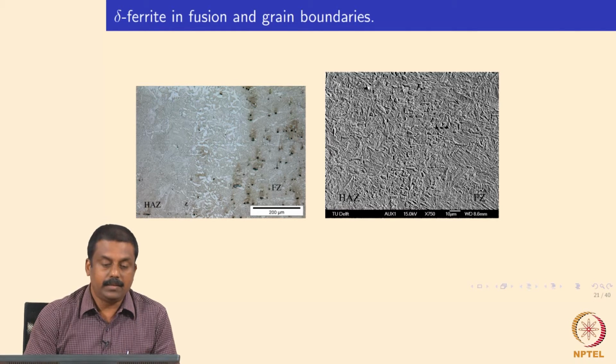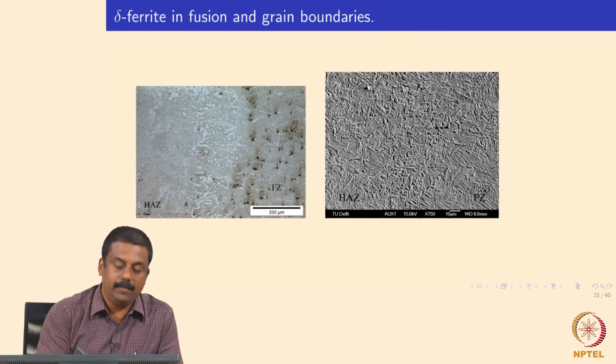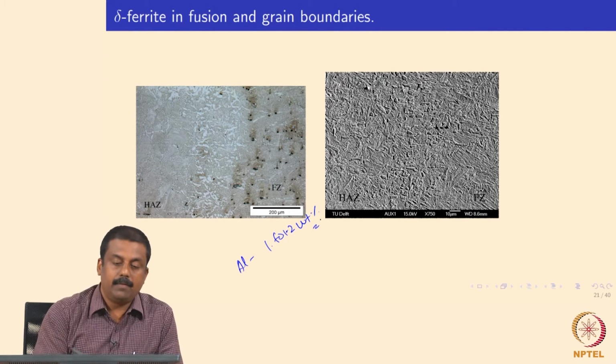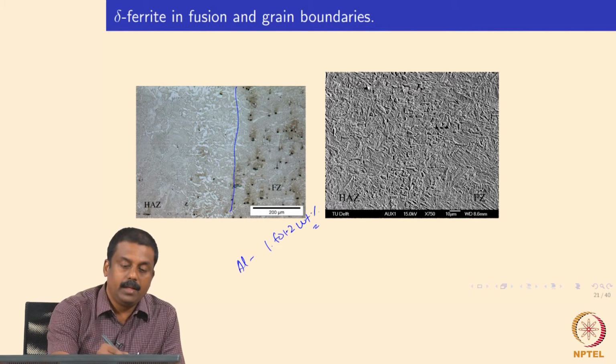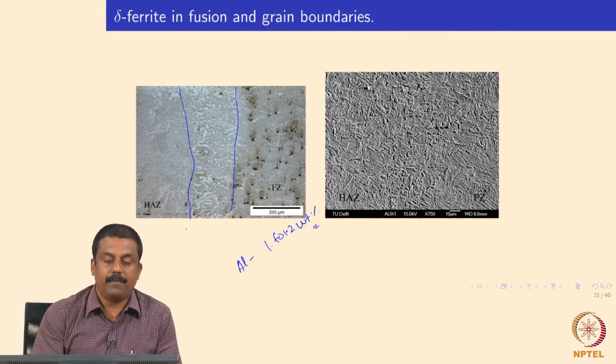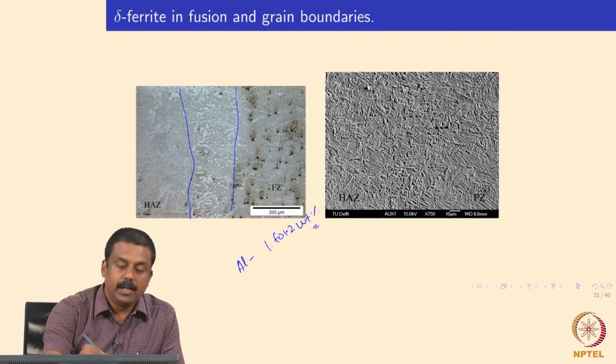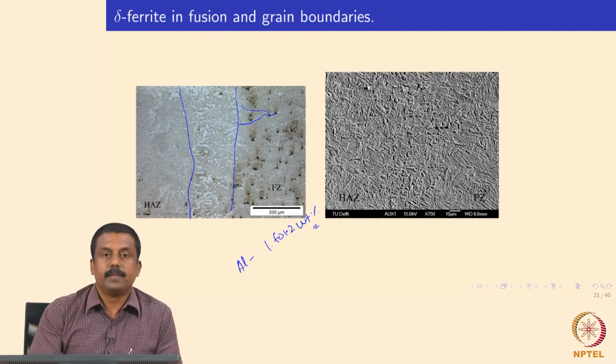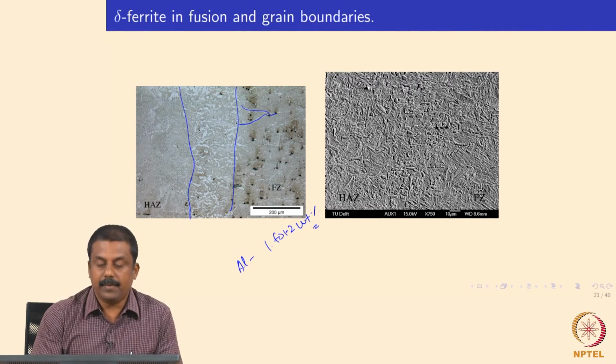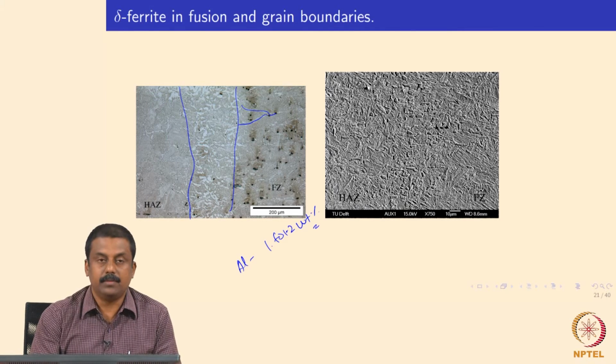And you see a stabilization of delta ferrite, especially if you have an aluminum concentration ranging from say 1 to 1.2 weight%, and you will have a distinctive layer of delta ferrite stabilized at the fusion boundary as well as along the grain boundaries when you have partitioning of aluminum to delta ferrite.